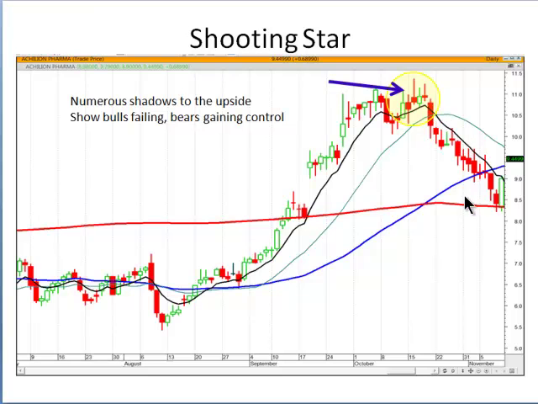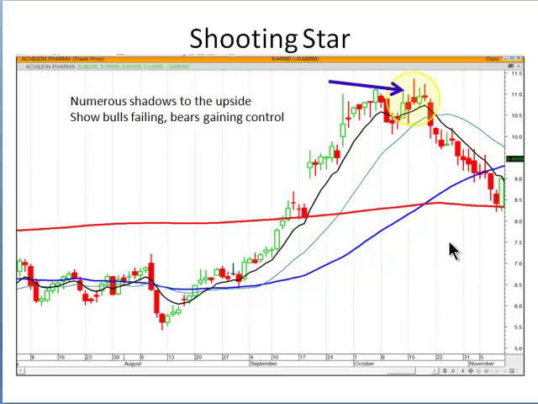Now, on these charts, you can see that we're relatively simple, not a lot of indicators. Our indicators are the 200-day moving average, the 50-day moving average, and the 20-day moving average, the gray line. These are simple moving averages, and the reason we have them on our charts is because every major money manager around the world uses those moving averages to make their decisions as far as their portfolio.